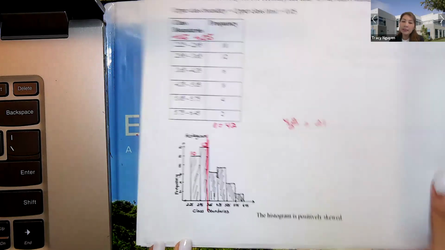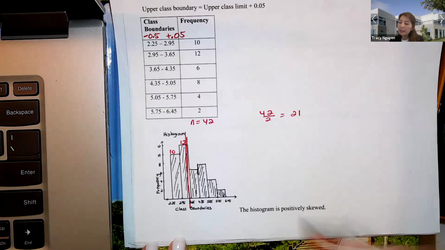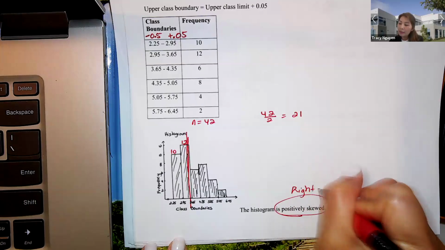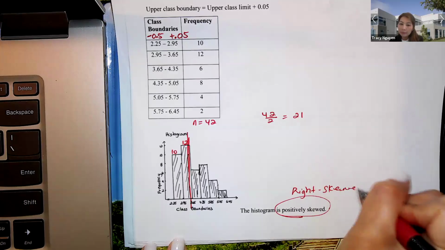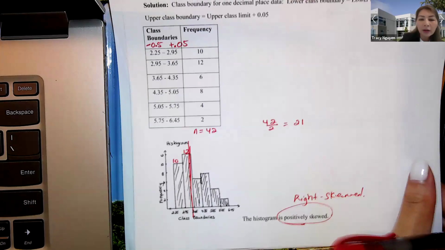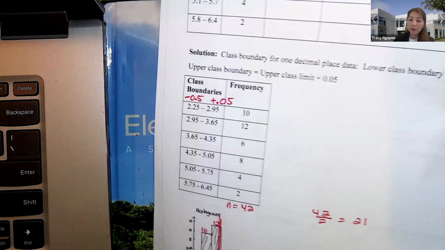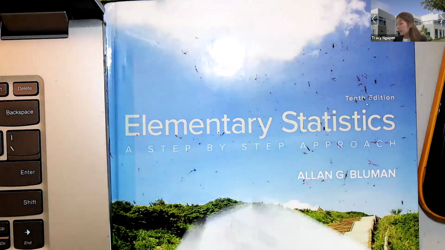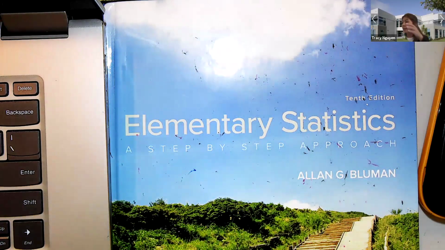And again, this is an example of a positively skewed, or another word is right skew. I focus on giving you an example of positively skewed because you have more bars on the right-hand side. But when you have more bars on the left-hand side, then that would be negatively skewed.